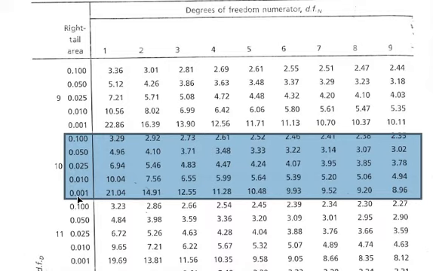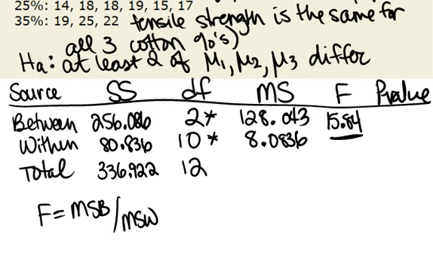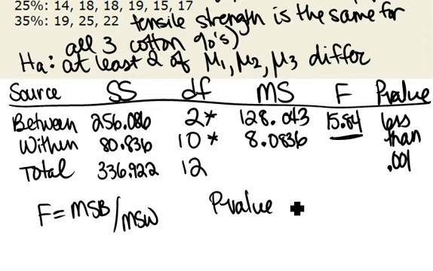And so the tail area for 14.91 is 0.001. Our p-value, since our number is even farther out in the tail, our right tail area is even smaller than 0.001. So we end up with a p-value that is less than 0.001. So with this small p-value being less than 0.001, it's obviously going to be less than our significance level of 5%.